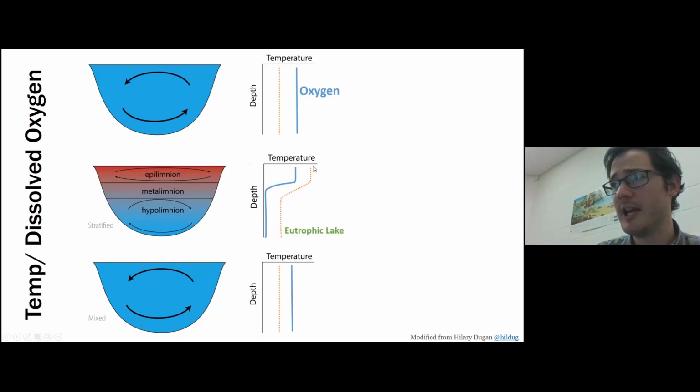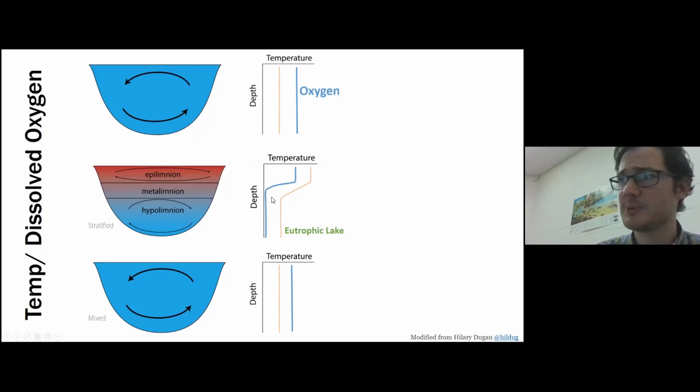That's our temperature. And in a eutrophic lake, so that's the lake with lots of algal and plant biomass and growth, we have plenty of oxygen above, but then we have a very rapid decline within this middle part. And in this case that I drew here, it goes to 0 or essentially 0. And it's like that throughout.